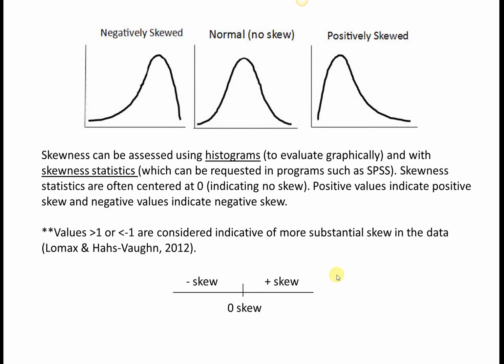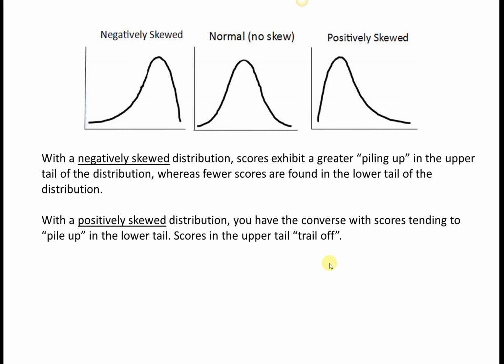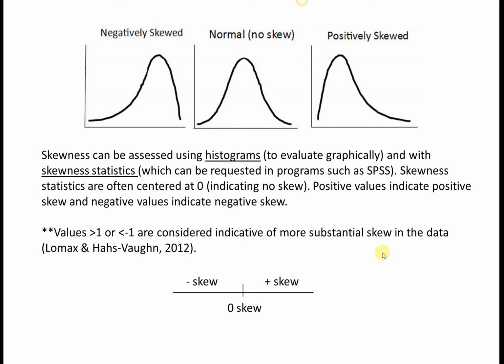And as I said before, normality is basically an ideal. So we have to come up with some thresholds for judging whether or not we have a substantial departure from normality on this dimension. One rule of thumb that was given was that values greater than 1 or less than -1 would be more indicative of a substantial skew in the data.